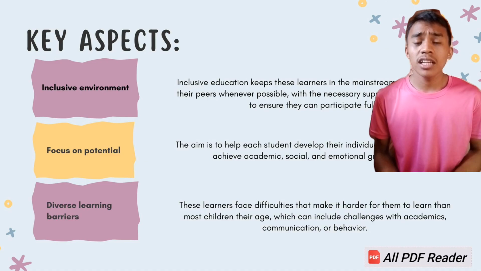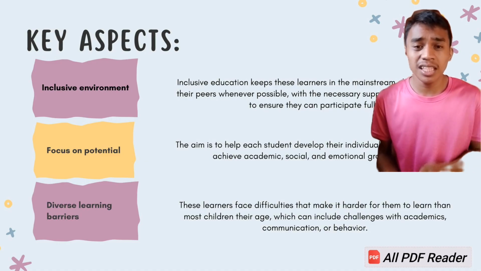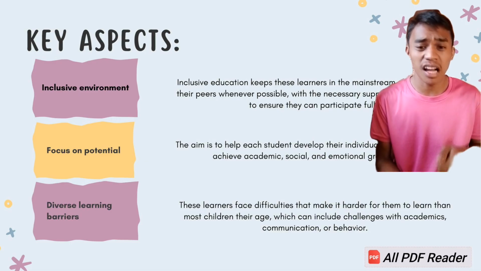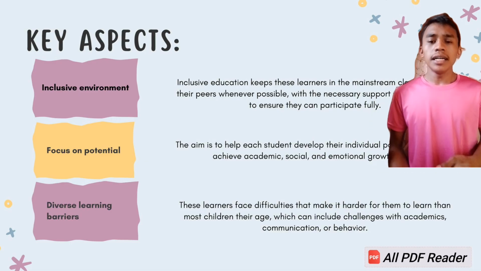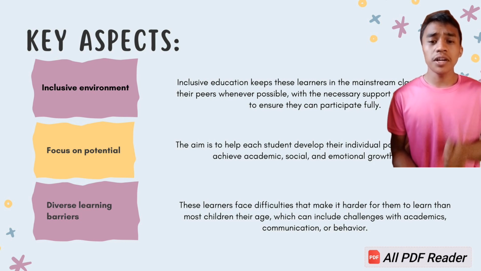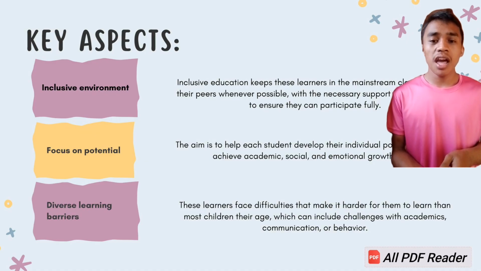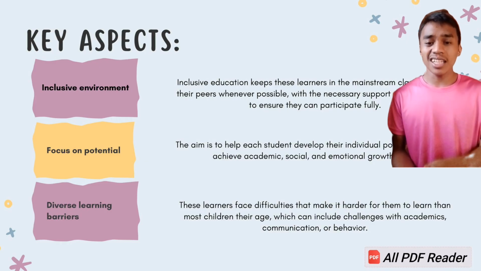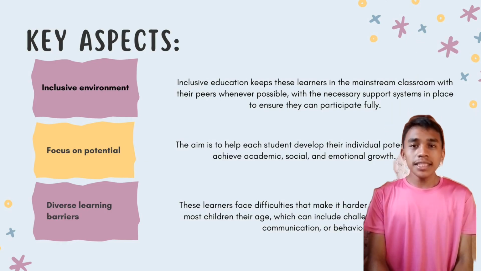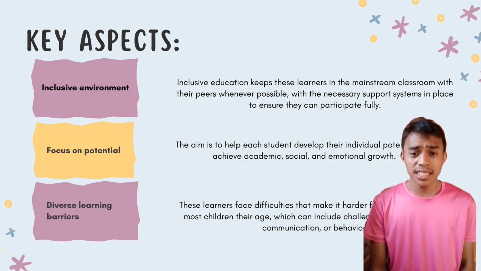We also have communication barriers, meaning problems expressing thoughts and understanding others. And the last one is behavioral or emotional barriers, such as difficulties with managing attention, regulating emotions, and controlling actions. These difficulties are the obstacles that prevent them from accessing and processing information in the standard way.